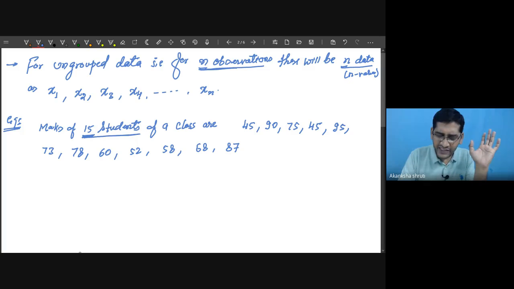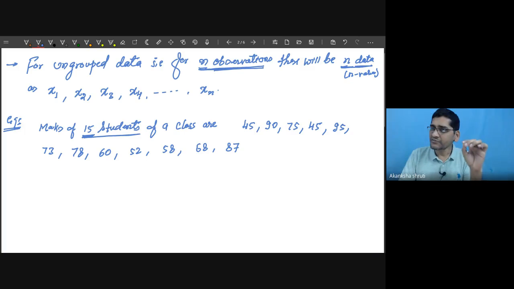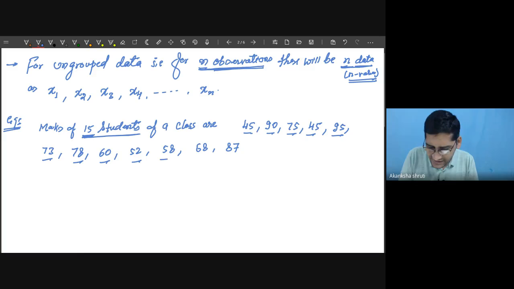So whether you write n observations or n data, it means for n data there will be n values. But how many data are there? That is simply a number. So take 1, 2, 3, 4, 5, 6, 7, 8, 9, 10, 11, 12 that I have written.